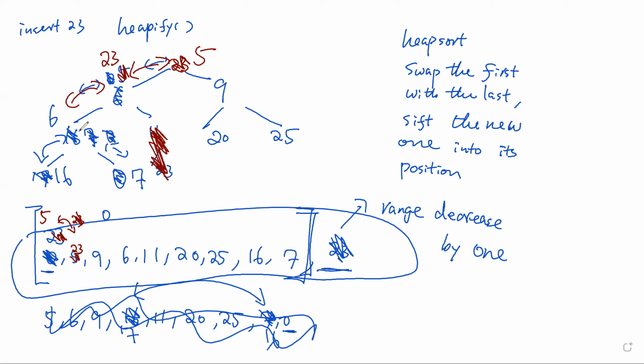Oh, I'm sorry. After we delete 23, there is a problem here, because this tree itself is not balanced. So how about we go back. If we take a look at both the tree and the array, I forgot that step.